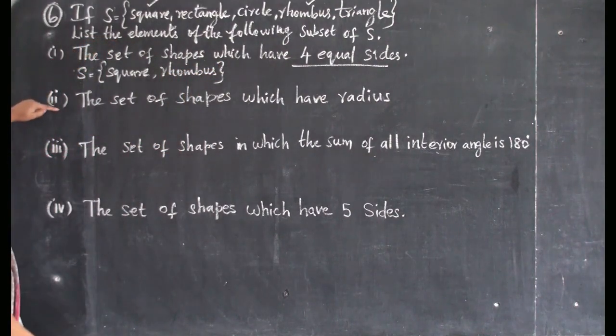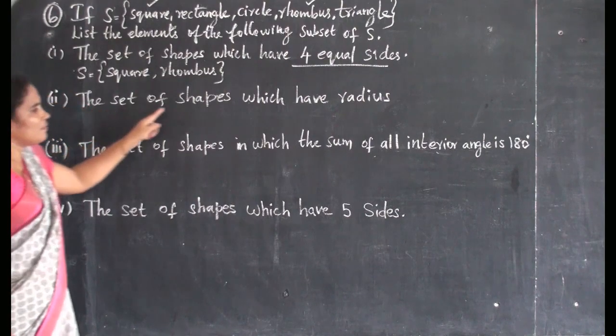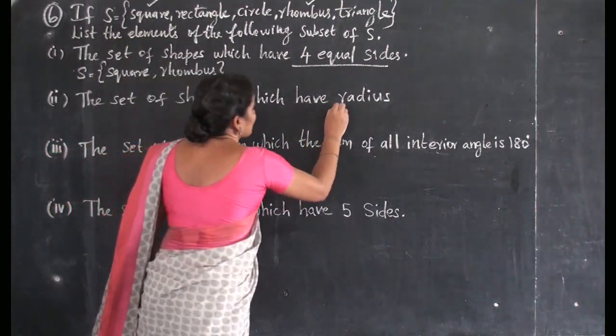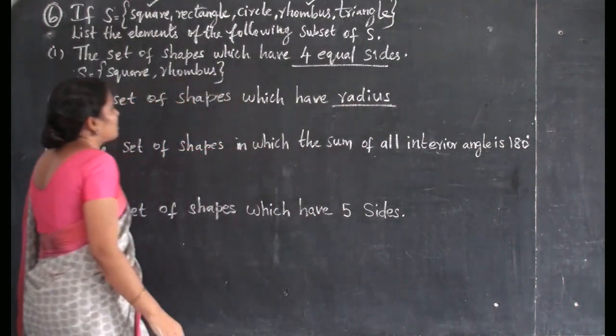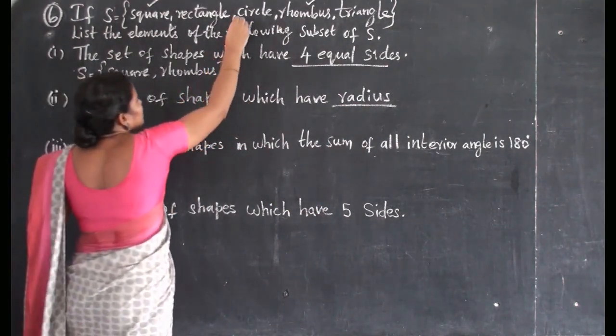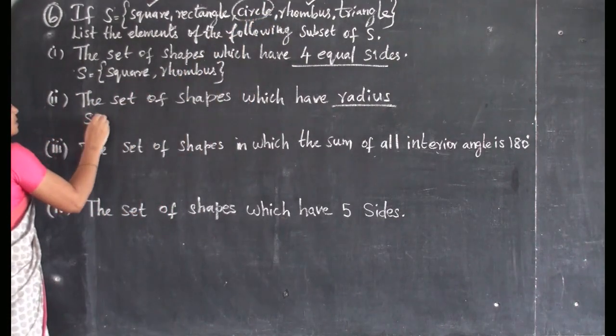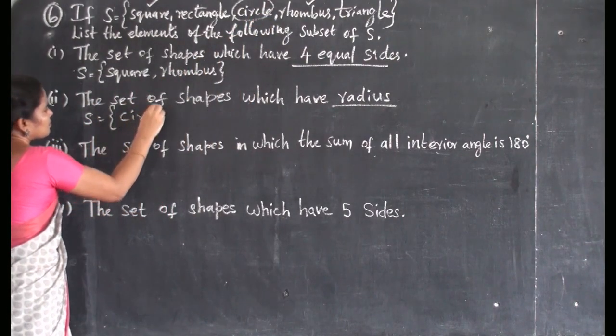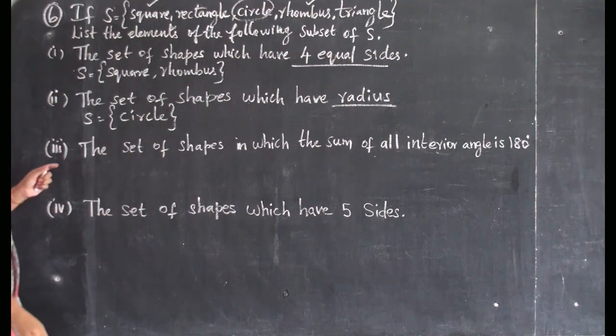Okay, then question number 2. The set of shapes which have radius. It is well known now. What shape has radius? It is only circle. So the subset is {circle}. Question number 3.